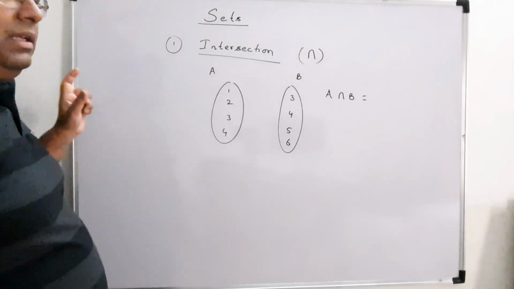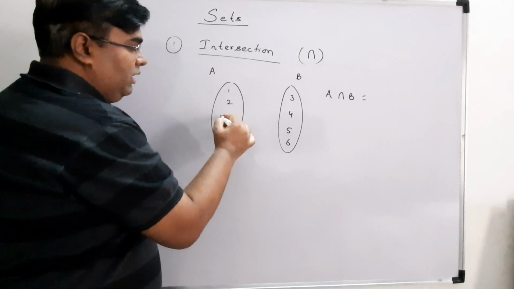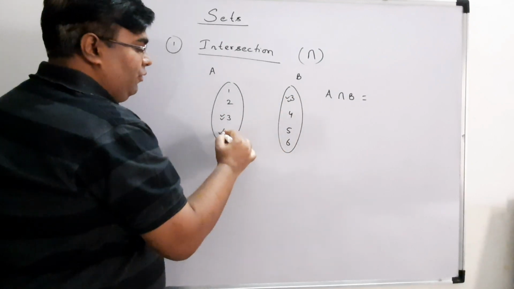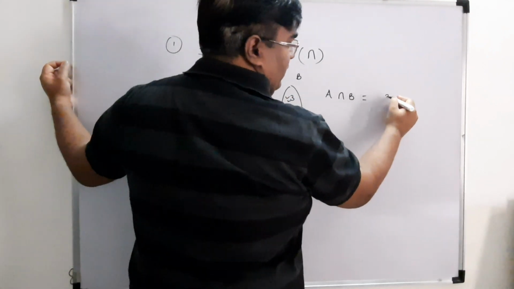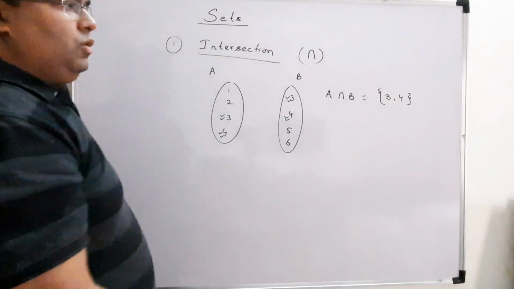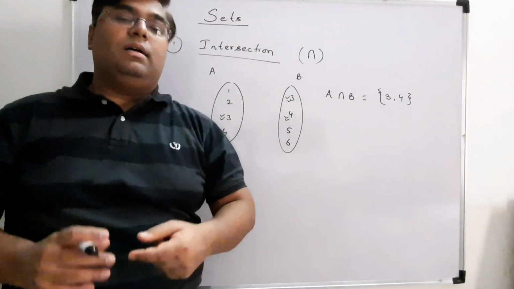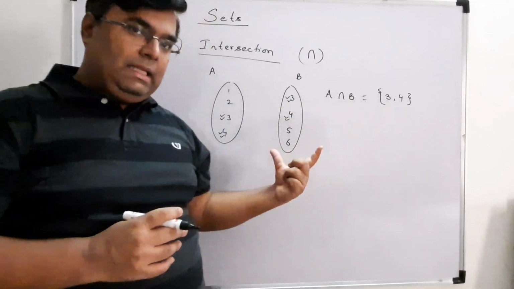How many elements are there in A and B both which are common? So we have 3 and 4. So A intersection B is a set which includes 3 and 4 in this example.